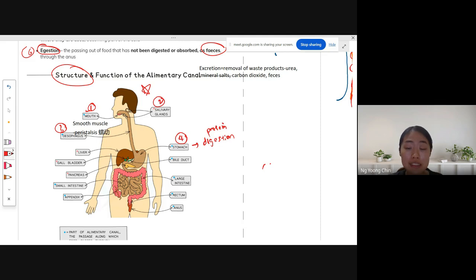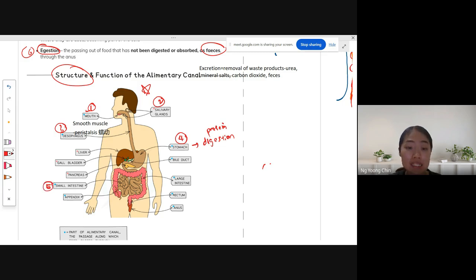So the stomach contains the pepsin enzyme, and also hydrochloric acid. They help in doing the protein digestion. So after the food undergoes protein digestion in the stomach, it will be released out. Then it will enter into the small intestine. Number 5.